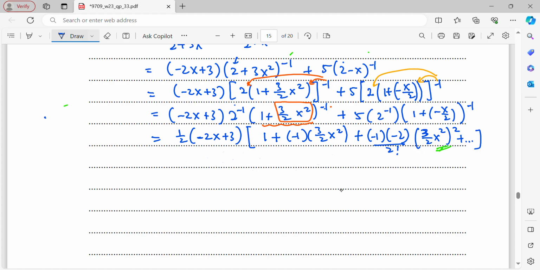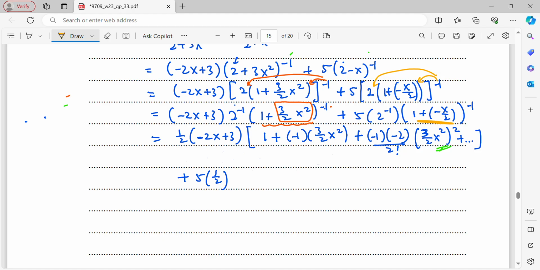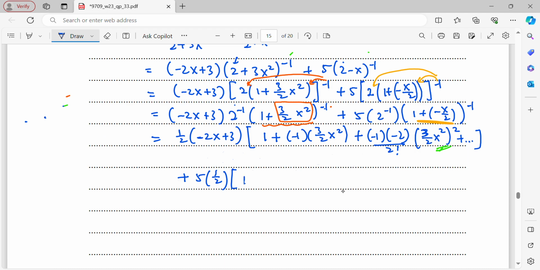And now, for the next one, you have to solve this. So 5 times 2 to the power negative 1. The 2 to the power negative 1 is actually half. So I will write plus 5 times half. Then for the other expansion, use the binomial expansion formula. This is going to be 1 plus, the n is minus 1, now your x is negative x over 2.